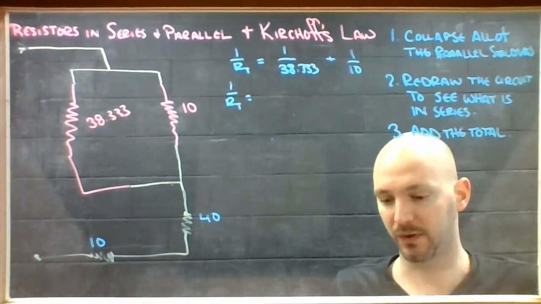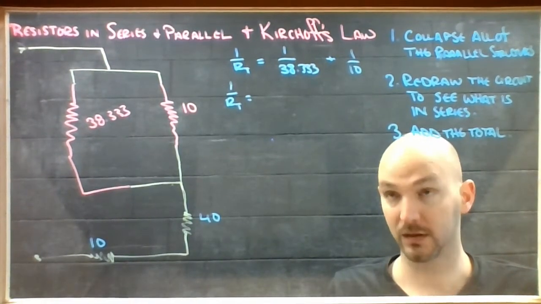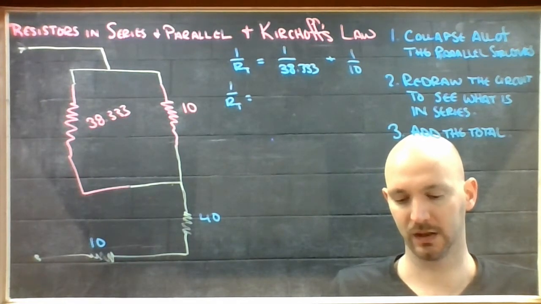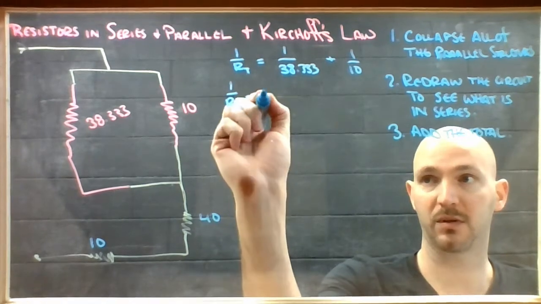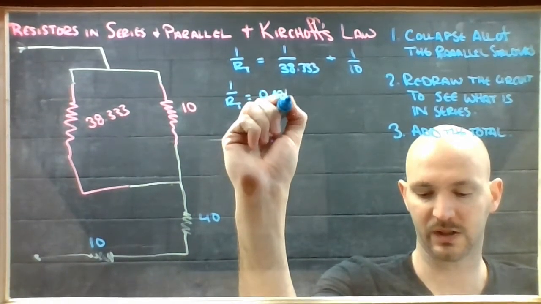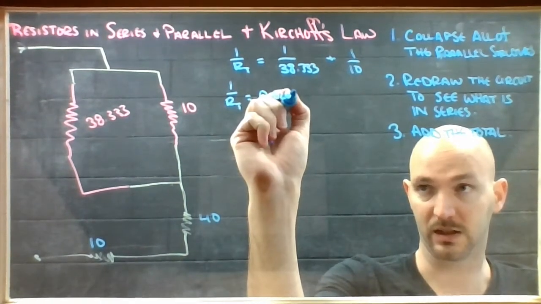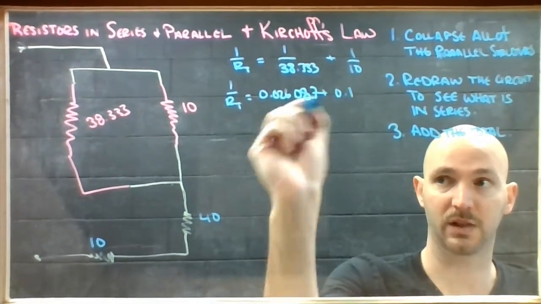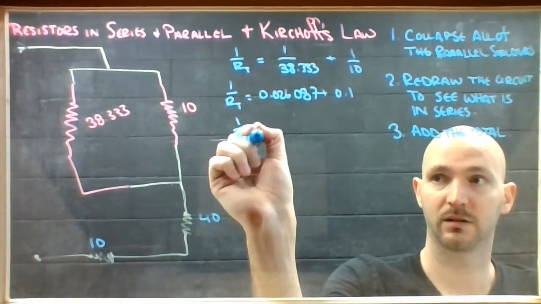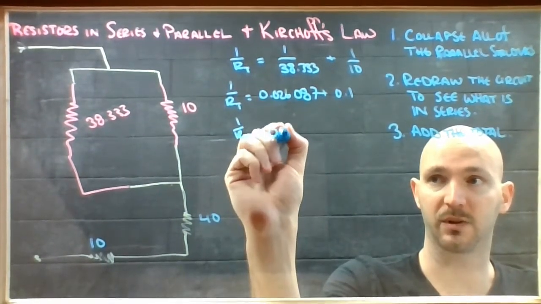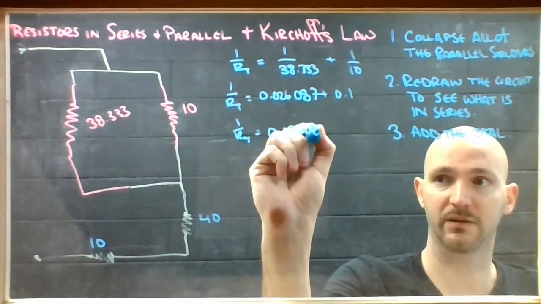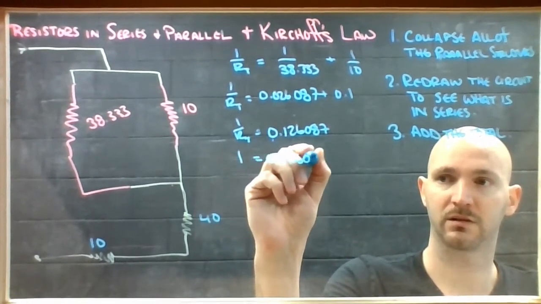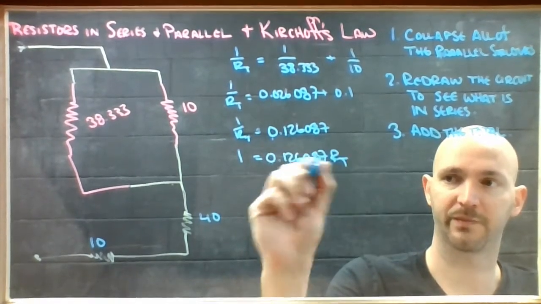1 over 38.333 is 0.026087, and this is 0.1. This plus 0.1 will be 0.126087. RT comes up. This number goes down.